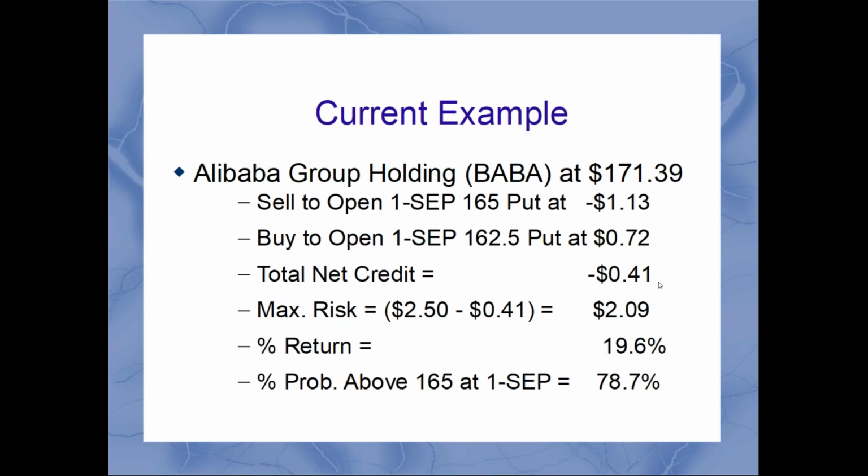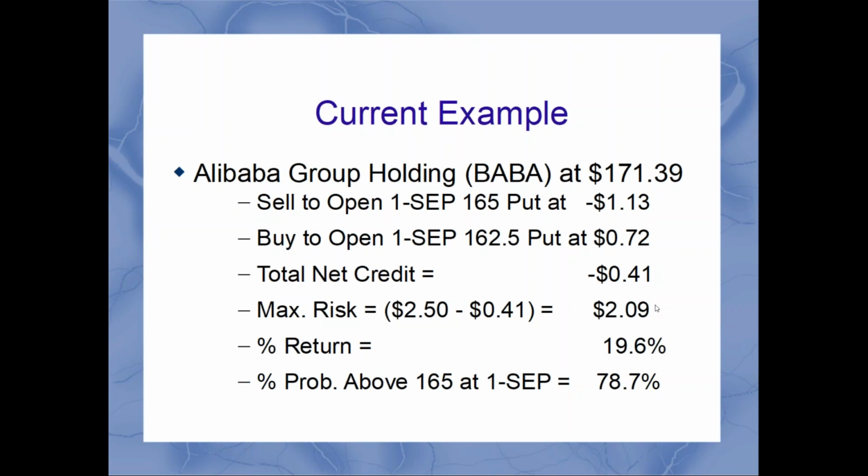Again, for one contract, it'd be $209. For 10 contracts, it'd be $2,090 on hold in my account until I close the position or hit expiration, looking to make $41 versus $209 for one contract, or $410 for $2,090. So the return is 19.6% if everything works out as I wanted.